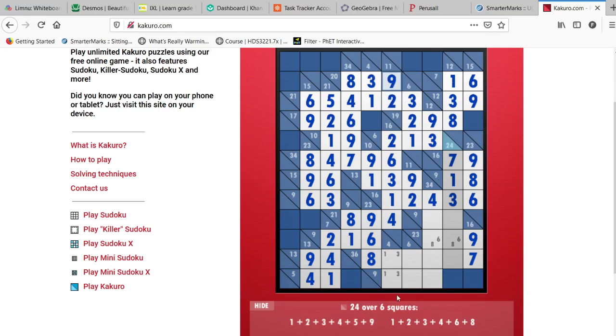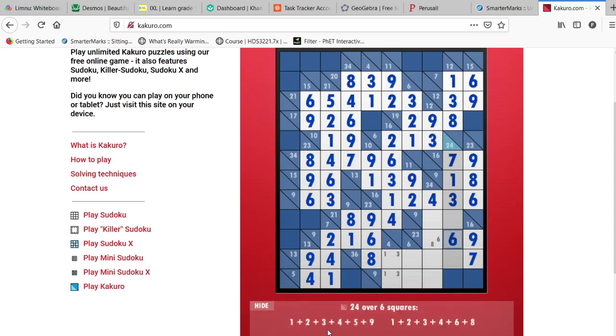So we have completed most of our puzzle. Notice here they're even giving us the possible combinations across the bottom for 24 over 6 squares and the like. So we can see here, because we have to have a 7, the only possible option in the list, because it's 24 over 6 squares with a 7, is 1, 2, 3, 5, 6, and 7.